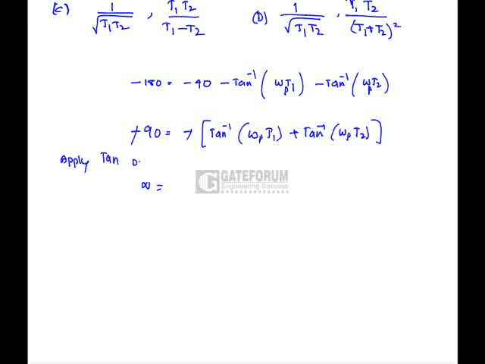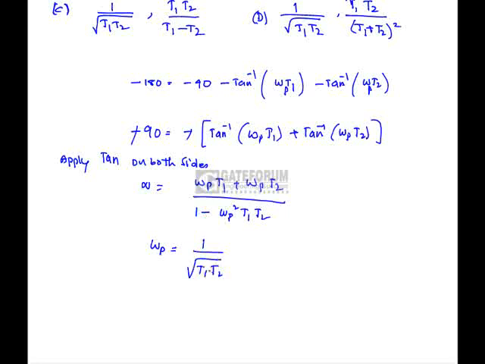So this is omega p T1 plus omega p T2 over 1 minus omega p square T1 T2. So omega p must be under root 1 by T1 T2. This is the phase crossover frequency.